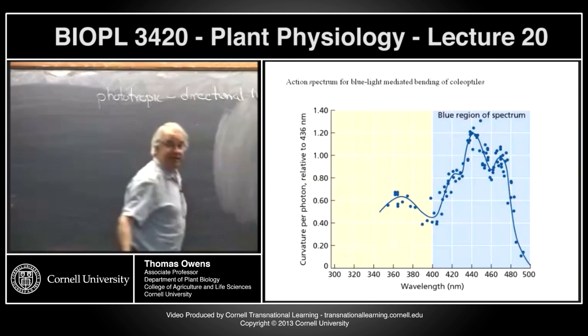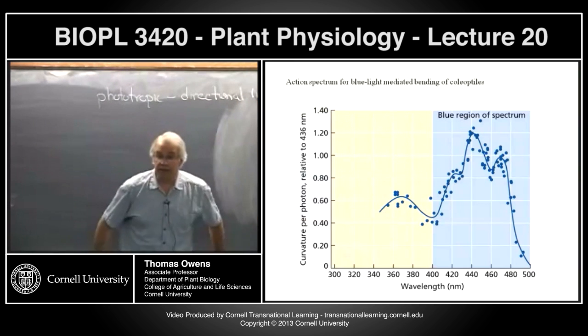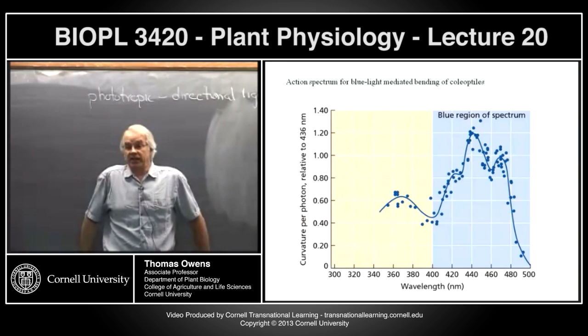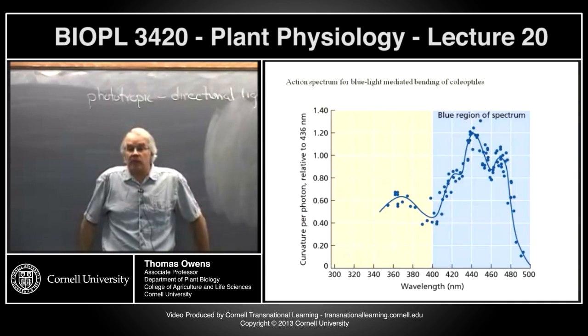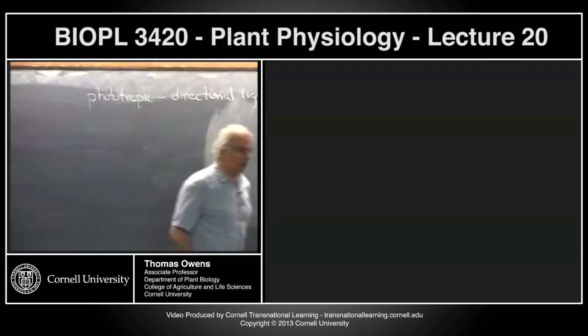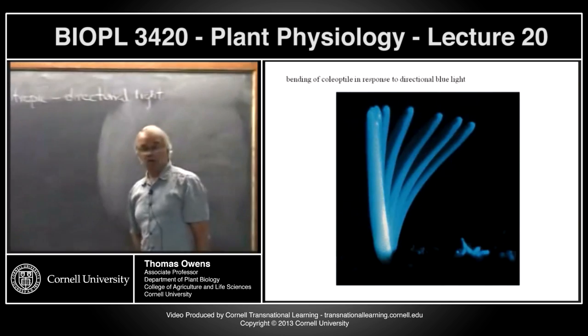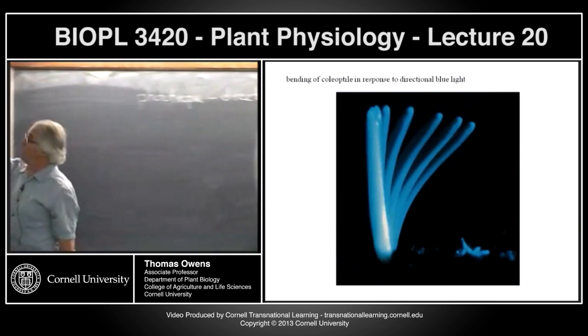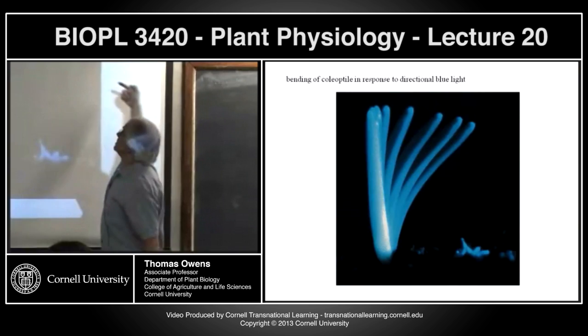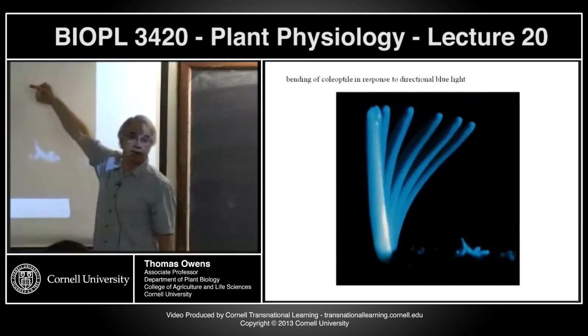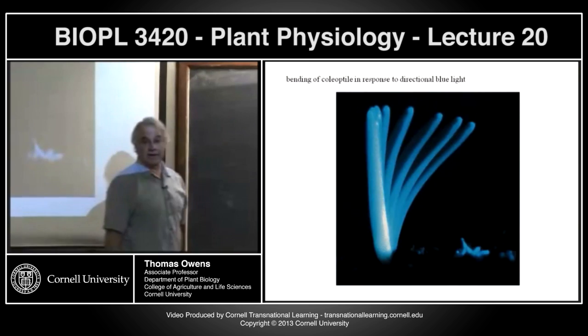So for example, the light-dependent decrease in stem elongation that happens in dark-grown seedlings is not a directional response. The light can come from anywhere. But when we talk about phototropisms, the responses are to directional light. So if the coleoptile is bending this way, it's because the light is coming from this side. If you gave the light from the other side, it would bend in the opposite direction.